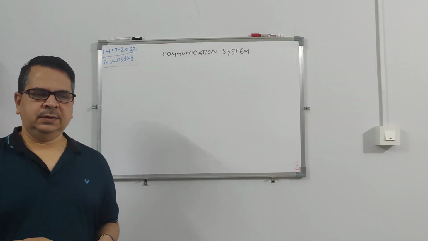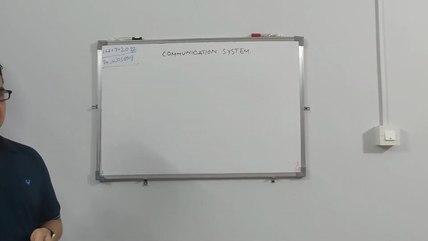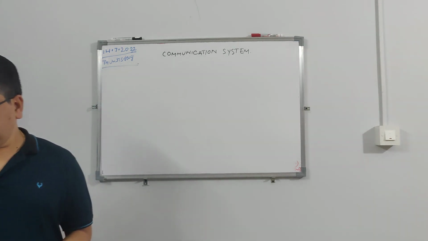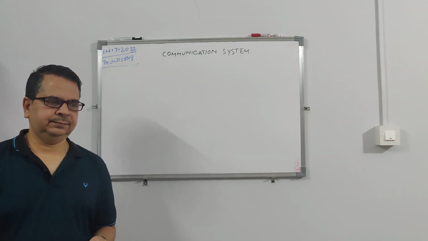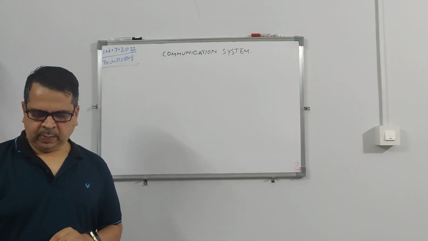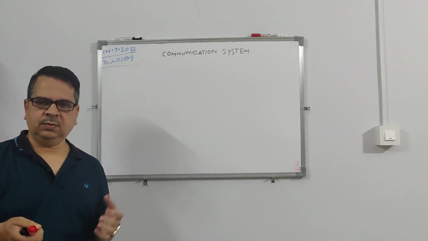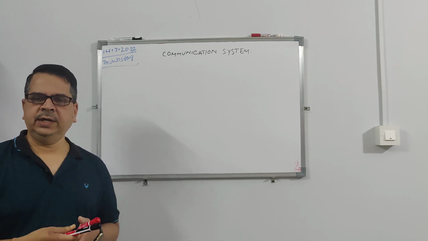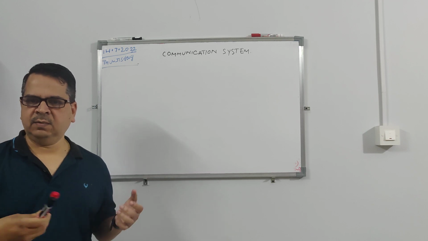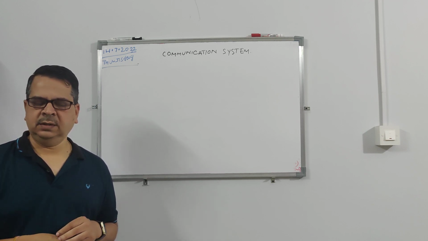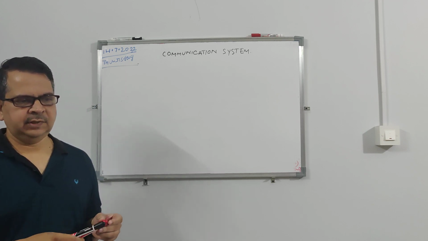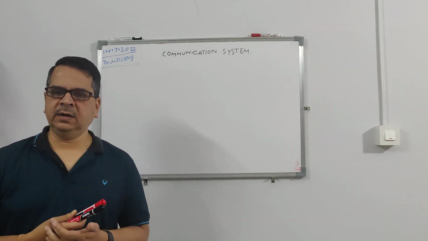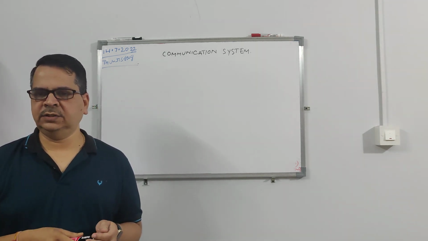Basically, we are going to discuss how we transmit a signal from one place to another. So what are the different components of a communication system?